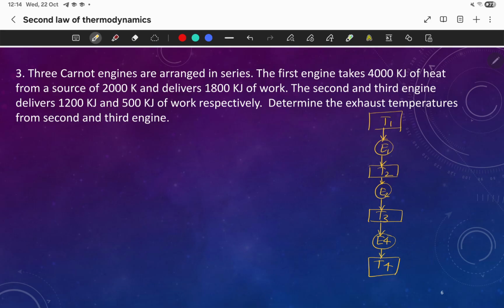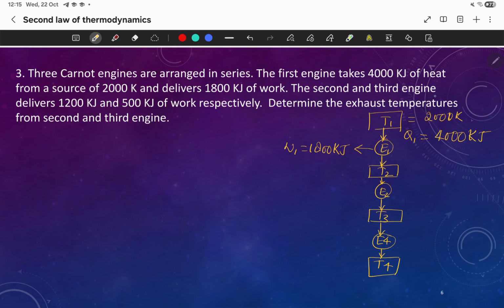The first engine takes Q1 of 4000 kilojoule of heat from a source at T1, given as 2000 Kelvin, and delivers 1800 kilojoule of work. So W1 is 1800 kilojoule.